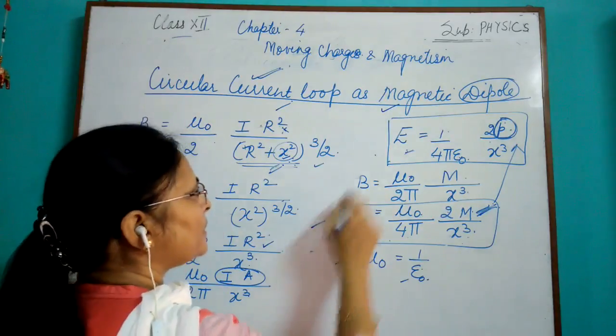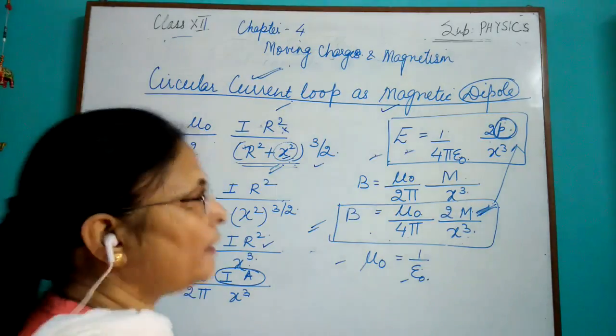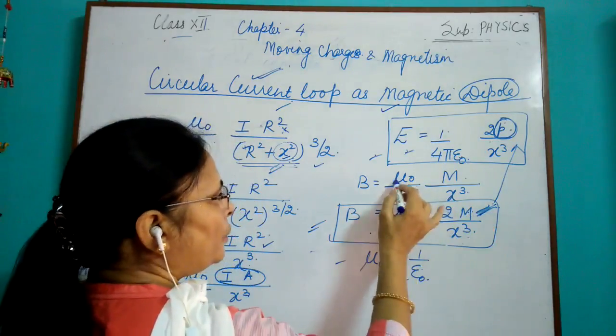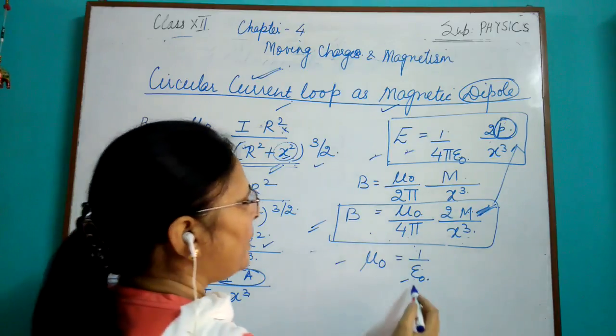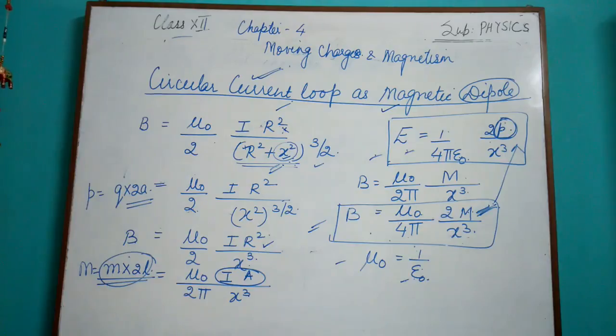So these are similar expressions for electric field and magnetic field, where p is being replaced by M, and 1 upon 4 pi epsilon naught is being replaced by mu naught upon 4 pi. In this way, you can see that a circular current carrying loop will work as a magnetic dipole.